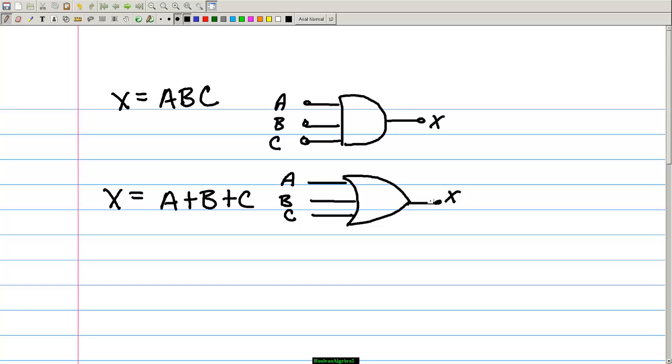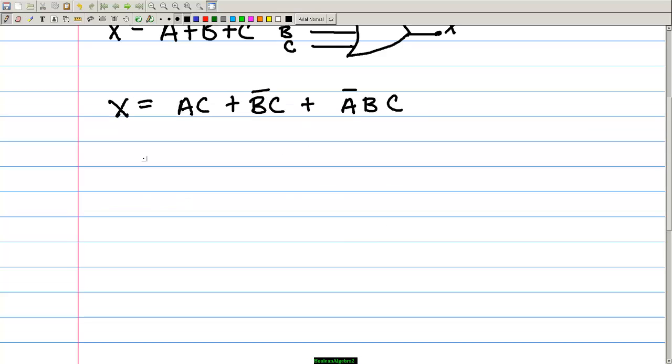And the same reasoning can be extended to more complex circuits. So if we had x equal to A C, or together with B naught C, and that was or together with A naught B C, let's see if we can come up with a logic circuit for this Boolean expression.